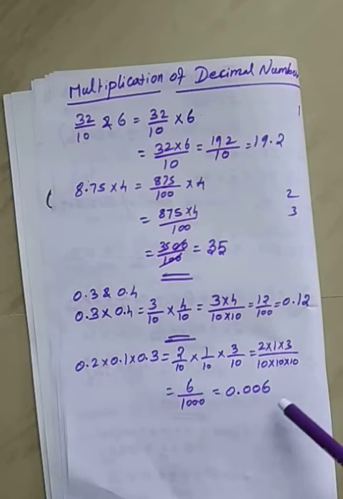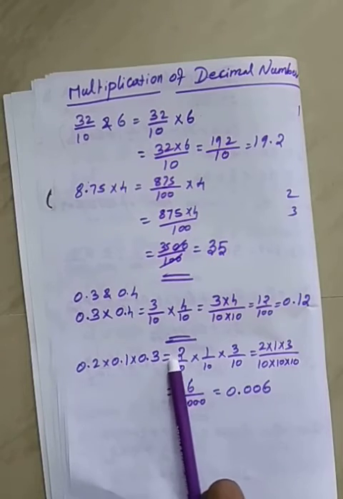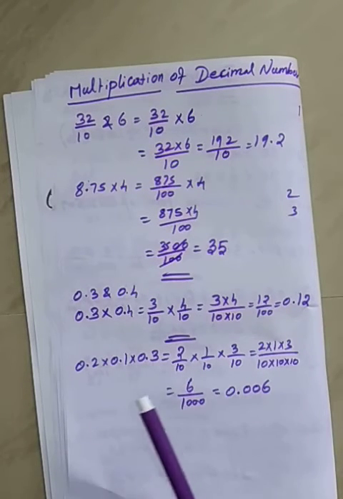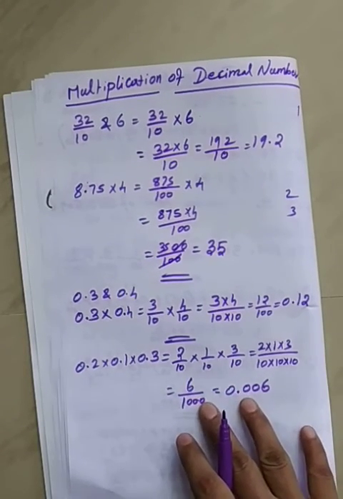The answer is 0.006. Here we should put the decimal point after 3 digits from the rightmost place, because see here, 1 plus 1 plus 1 is 3. Therefore, we should put a decimal point after 3 digits from the rightmost place. Everybody clear in this decimal multiplication concept?